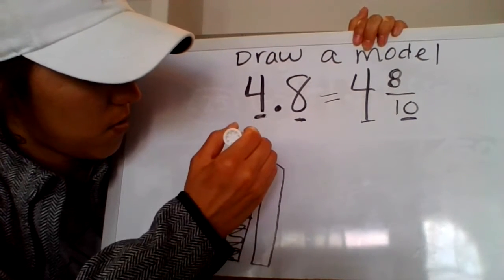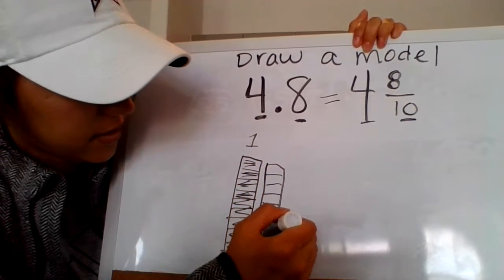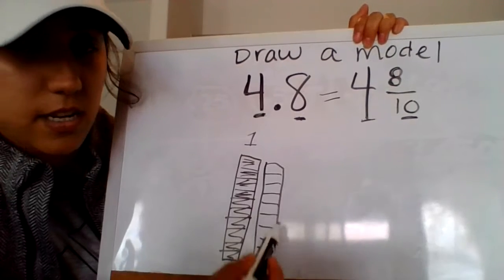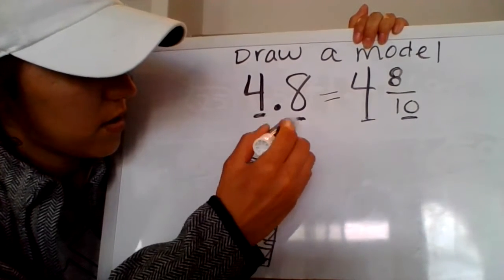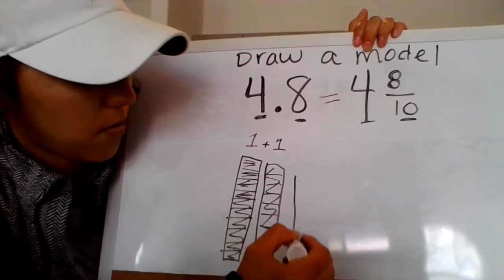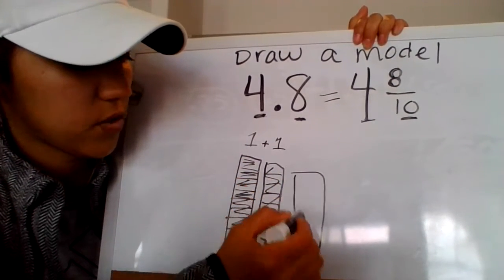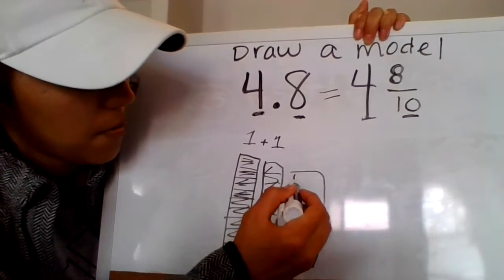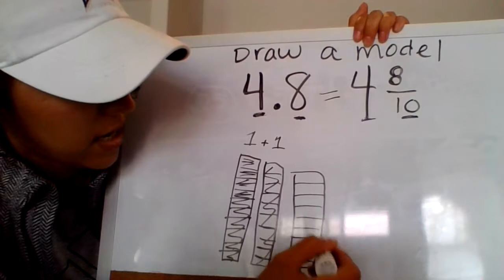This is 1 whole. This is another whole. We're creating 4 wholes right now. And since my denominator is 10, I know that I have to break this whole up into 10 parts.